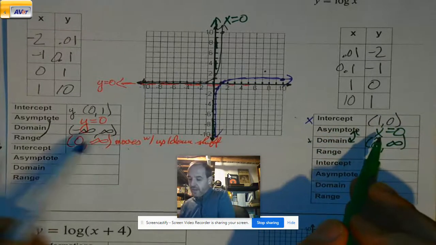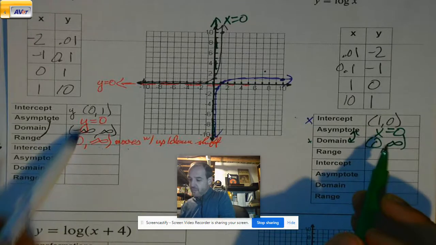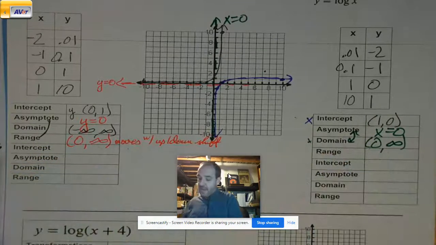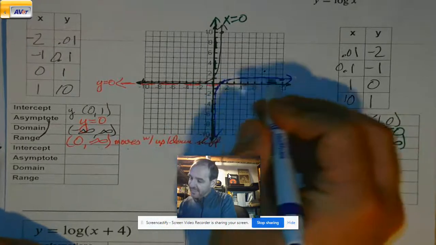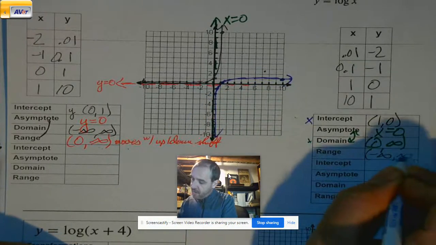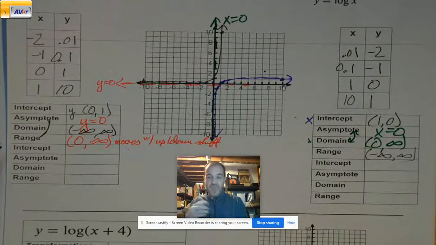Whatever your asymptote variable is, that's what it goes with: y goes with range, x goes with domain. And now my range goes down forever, and this is slowly going to creep up forever. Again, that never changes on these. So you start to see what's going on here, how these connections are going to go.